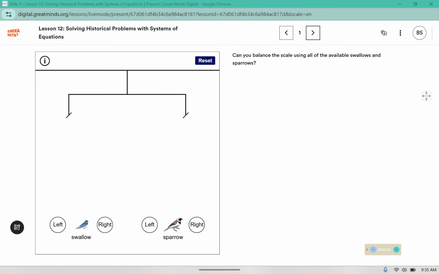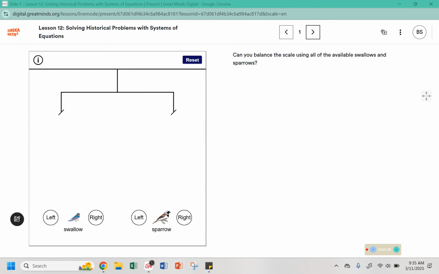So we're starting with some aspects of weights here to get us set up. It says, can you balance a scale using all of the available swallows and sparrows?